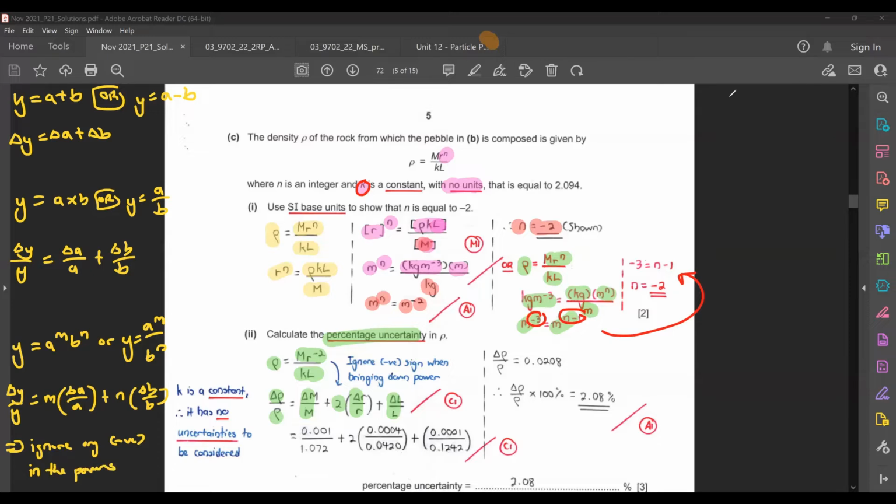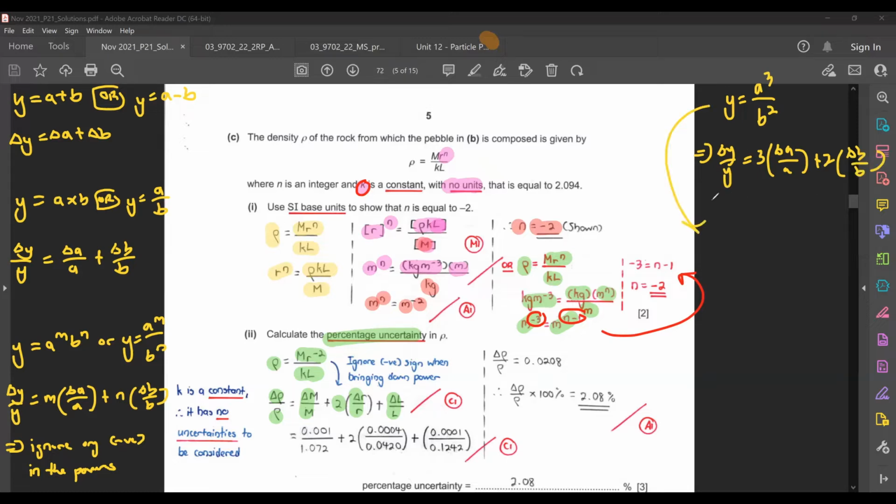For example, if I tell you y is equals to a power 3, b power negative 2, if I give you something like this, a power 3 divided by b power 2, if you just look at this one clearly you will write it as delta y over y equals to 3 times delta a over a plus 2 times delta b over b, right?